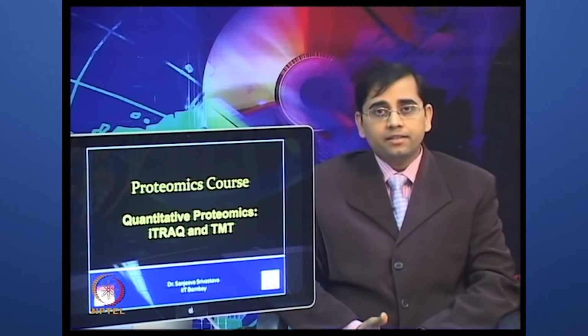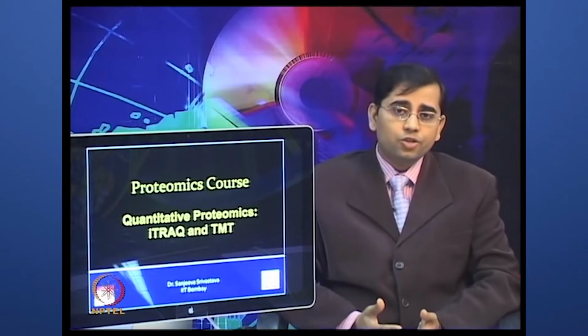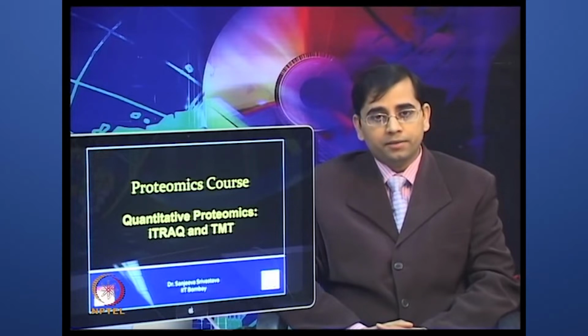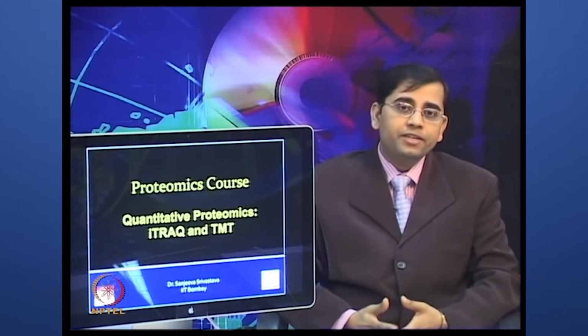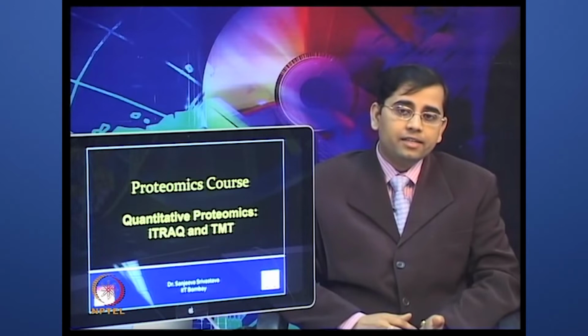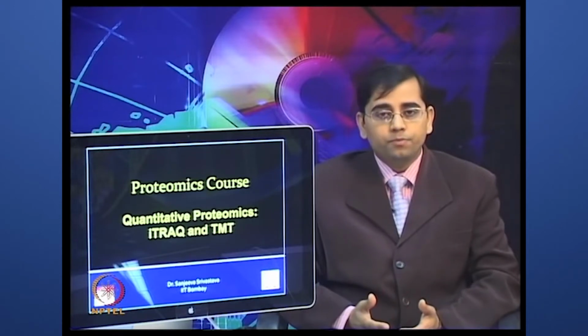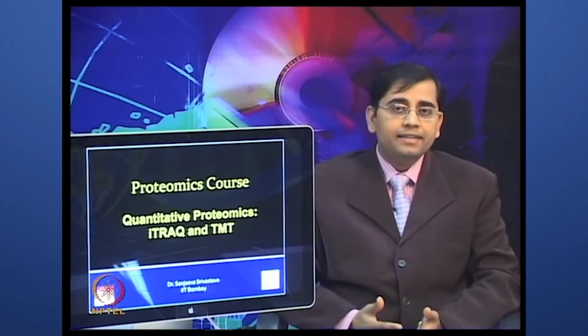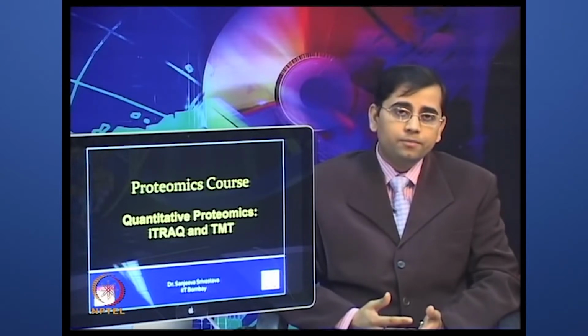The iCAT reagent, as we discussed, consisted of three components: the thiol functional group, a linker group, and a biotin moiety. Two samples treated with iCAT reagents, light or heavy isotope D0 or D8, were selectively alkylated at cysteine residues.